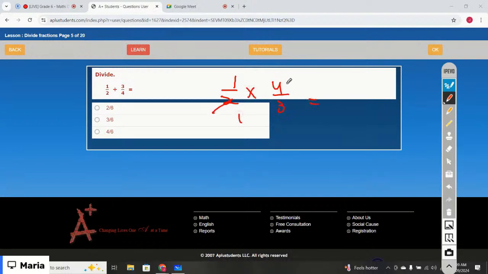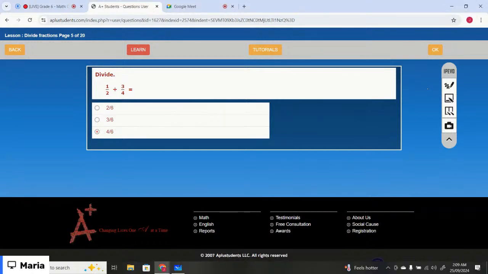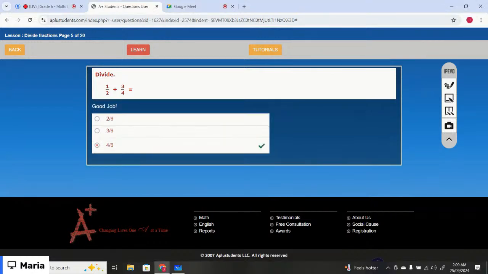So 2 times 1 is 2, 2 times 2 is 4, that is 2 over 3. That is 2 by 6. Yes, it is 4 by 6. If you convert into simplified form, that's okay, and if you do not, that's also okay. But you are not given simplified form here, so that is 4 over 6. Very good.